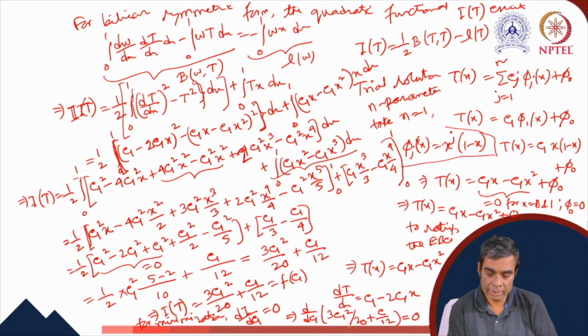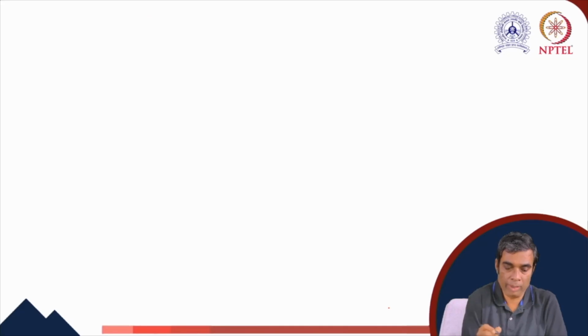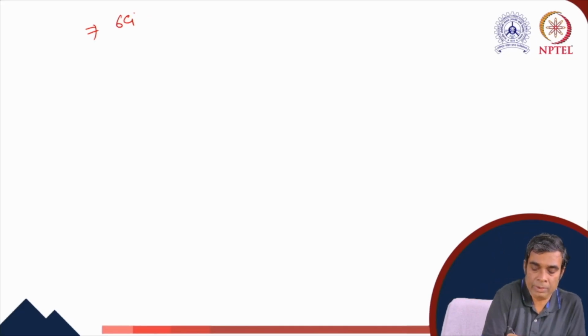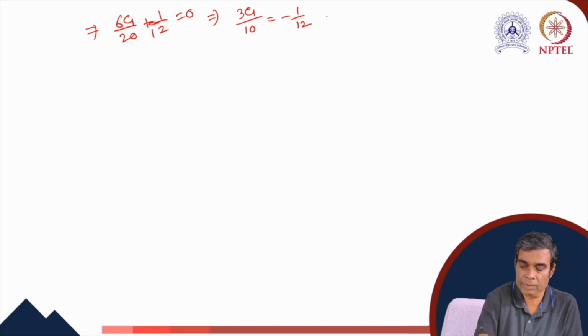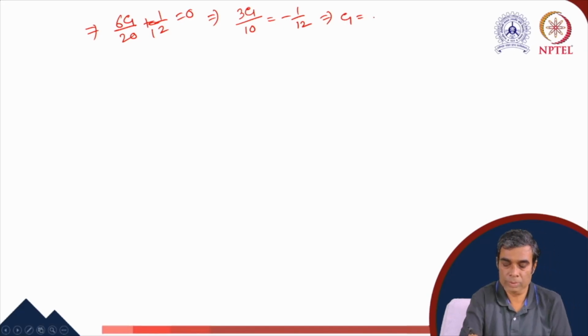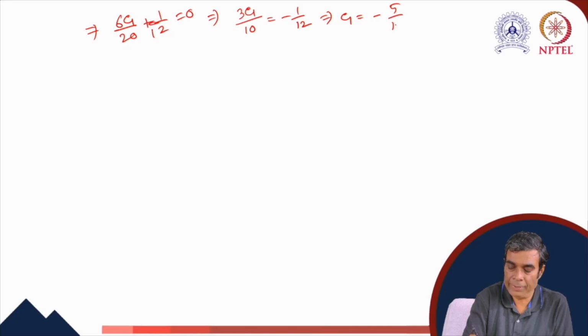So this will give us 6c1 by 20 plus 1 by 12 equals 0. Then from here we find that 3c1 by 10 equals minus 1 by 12, or c1 equals minus 5 by 18.